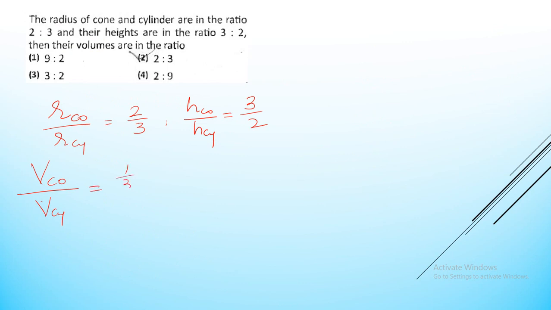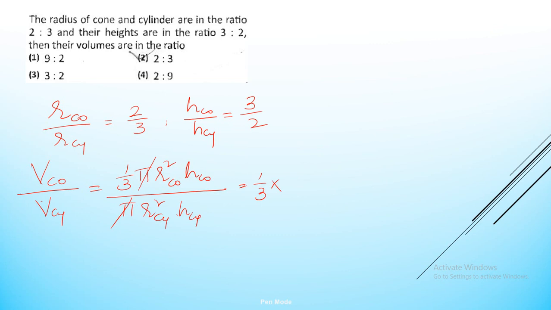So already we know volume of cone is 1/3 pi r square h by volume of cylinder, which is pi r square of cylinder into height of cylinder. So here if you observe, pi gets cancelled. Finally what I am going to get is 1 by 3 into r suffix co by r suffix cy whole square, right?